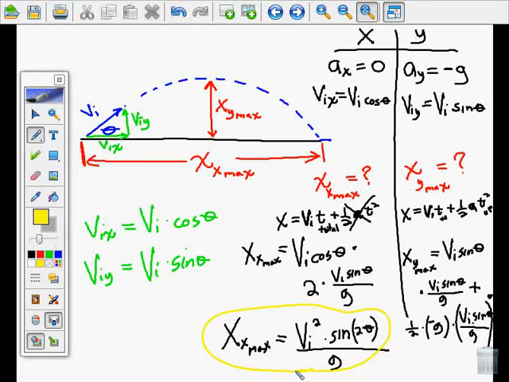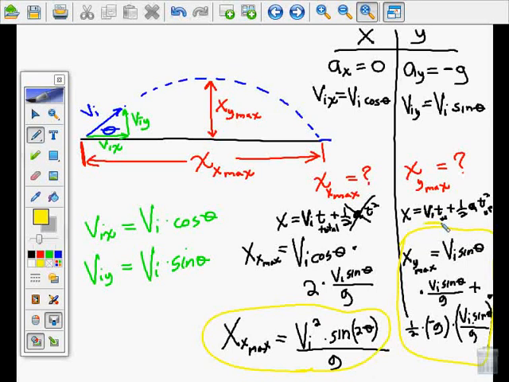Now, this answer on the right is technically a correct answer. And of course, if you had numbers, you could just plug it in and crunch it out. But with symbols, it's kind of a bear to clean that up. So a little shortcut trick is sometimes to get the xy max, instead of having to do 2 terms, because notice, neither of the terms drop out.